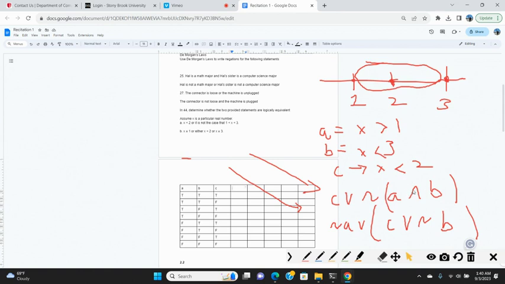Let's just begin with A and B. The truth table for the and statement is as follows.